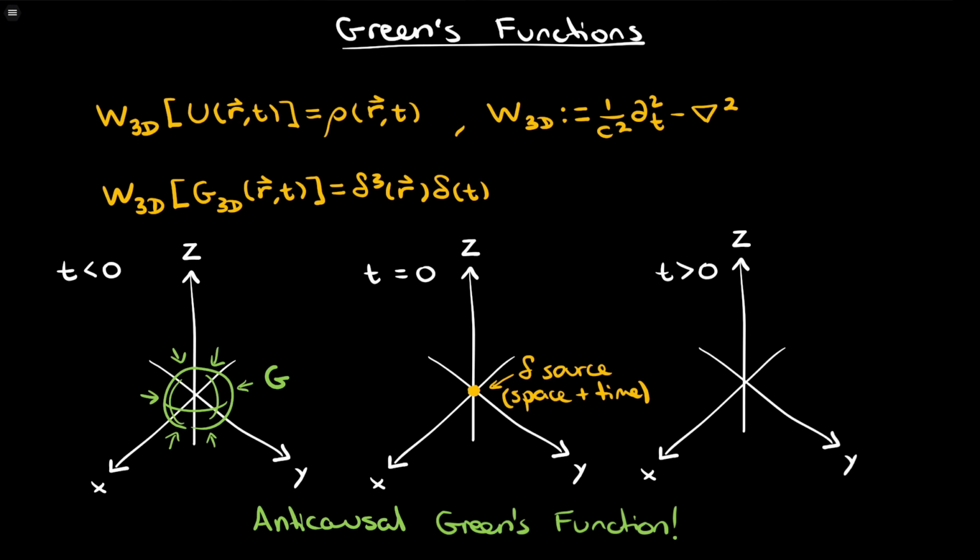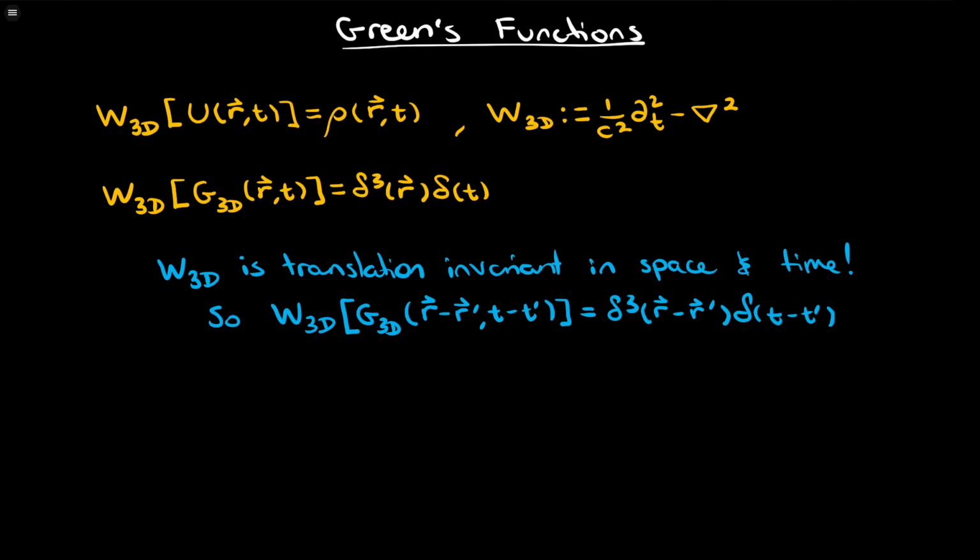In this case, the delta function source would be affecting the past, not the future. This is unphysical, so generally we imply that a Green's function is causal. And I'll leave it to you to check that W3D is translation invariant in space and time. So our fundamental Green's function solution will lend itself to any instantaneous delta function source anywhere in space and time.